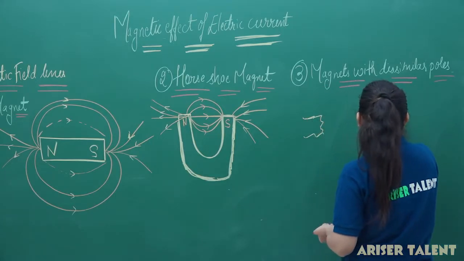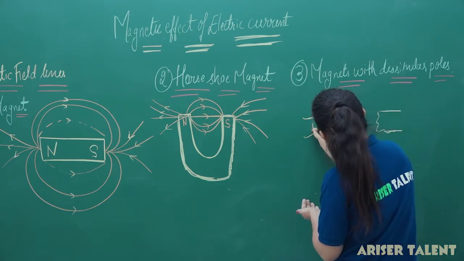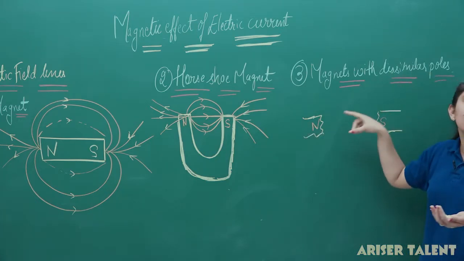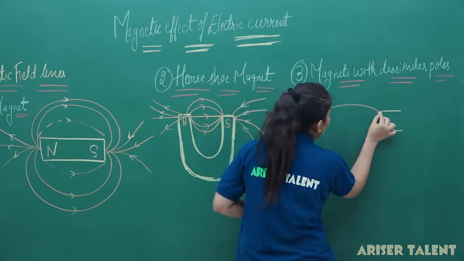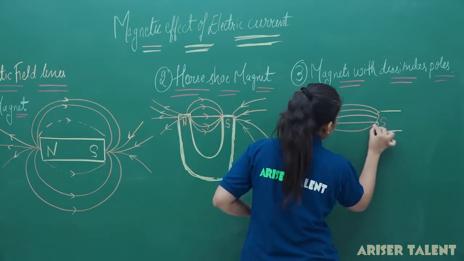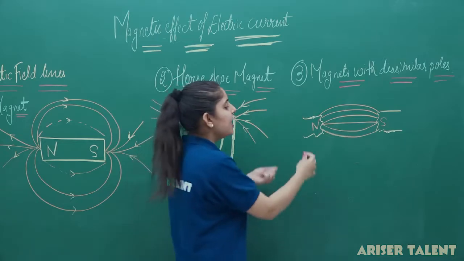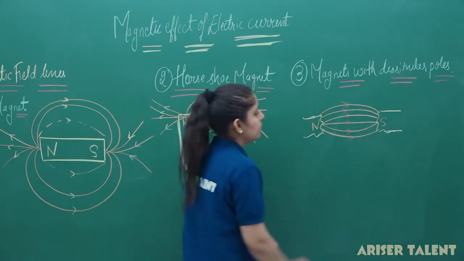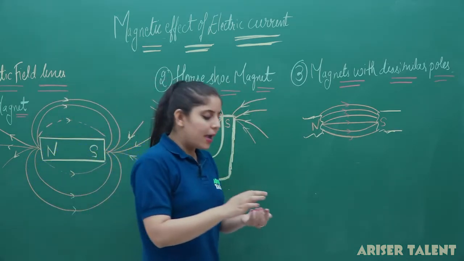This is the north pole and this is another magnet having a south pole. So this will be our north pole and this will be our south pole, because we are taking magnets with dissimilar poles here. So how will you get the magnetic field lines here? I will get the magnetic field lines in this manner, extending from north to south. So these are the magnetic field lines in the case of opposite poles, and they extend from north to south.